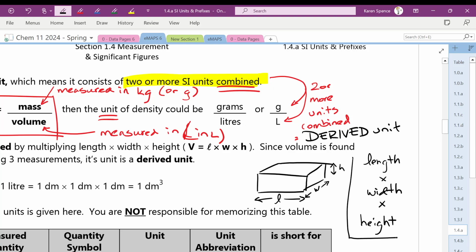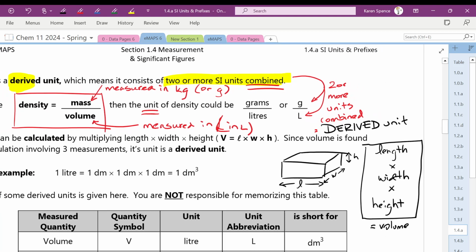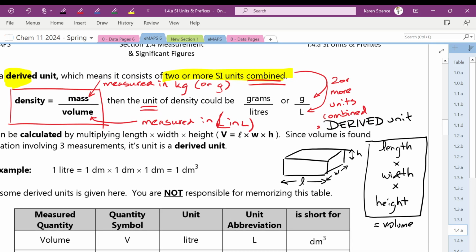And if we take length times width times height, we get the volume. So here's a little example of what we might do with that volume formula, length times width times height.